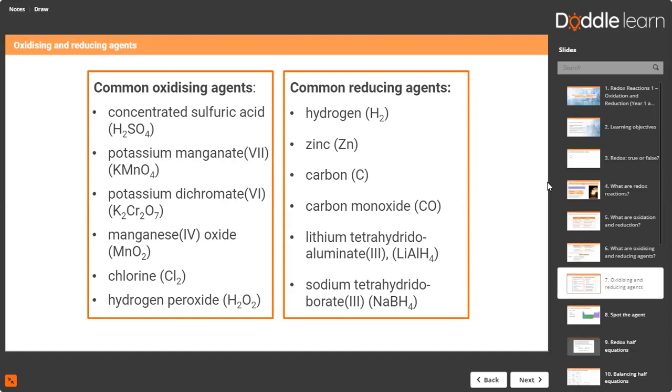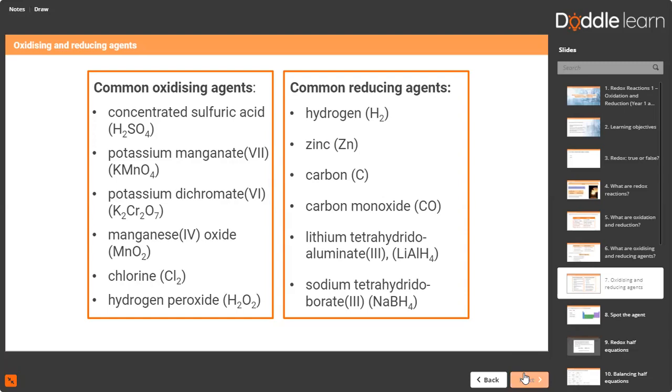Carbon, again, is to do with electron donation. Carbon monoxide is to do with electrons, and also the oxygen. Lithium tetrahydroaluminate 3, and then sodium tetrahydroborate 3. You don't have to know these off by heart, but they're quite good to know about because they come up a lot.